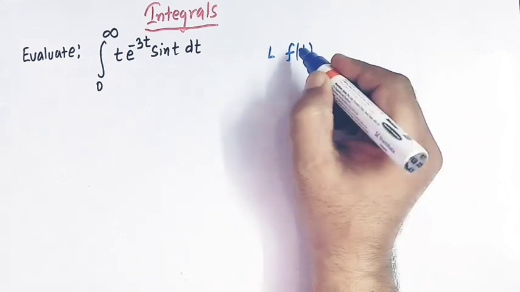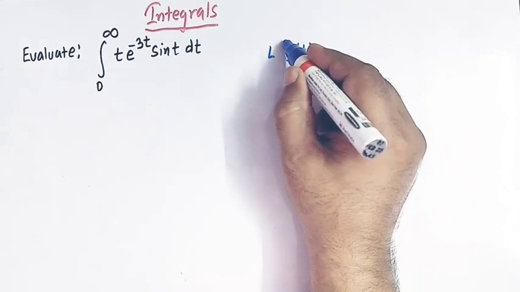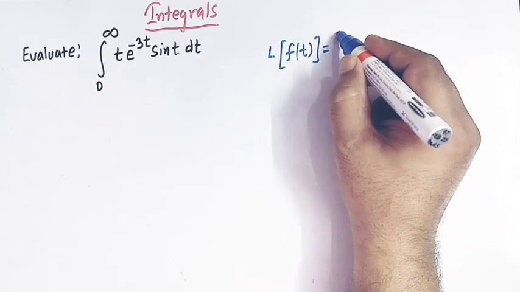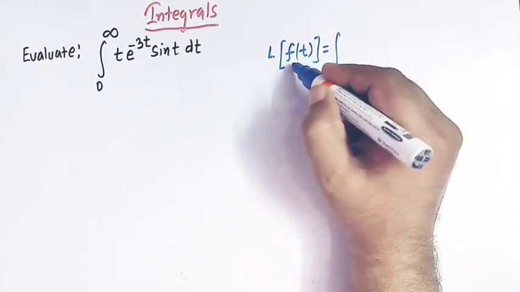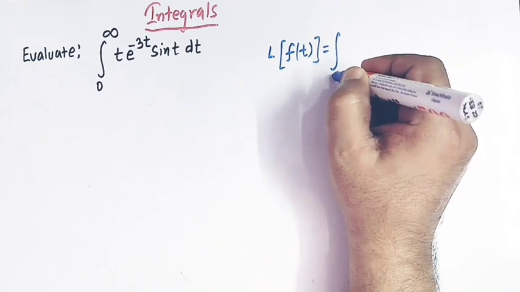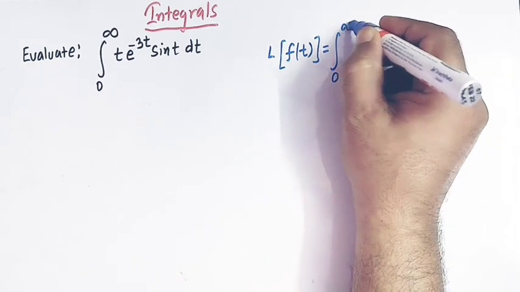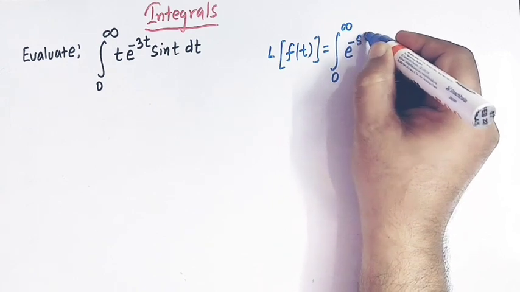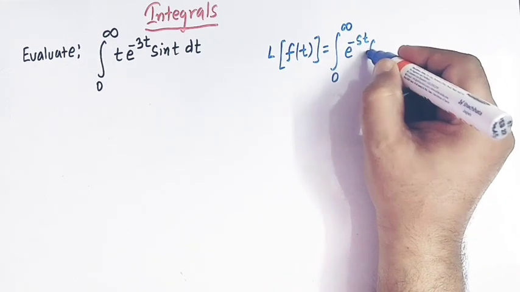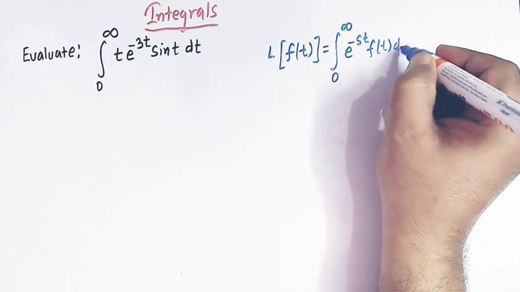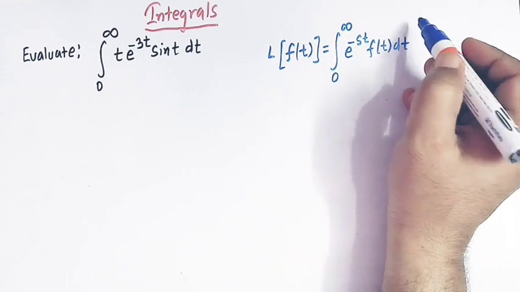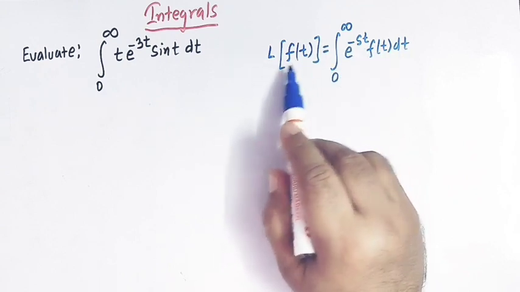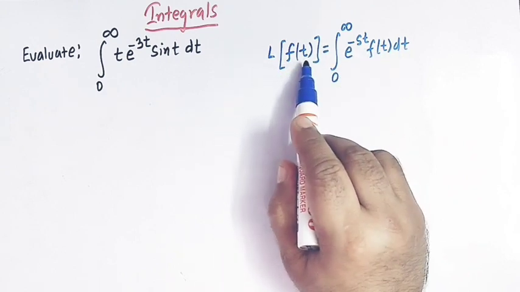And if we want to write the Laplace transform of this function f of t, then the Laplace transform of f of t is given by this integral, that is 0 to infinity, and we have e raised to minus st, and here we have f of t dt, right? So this is the definition of Laplace transform of a function f of t, right?